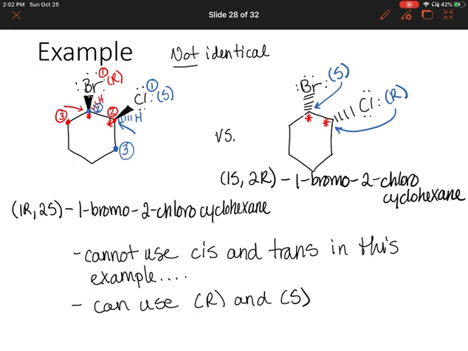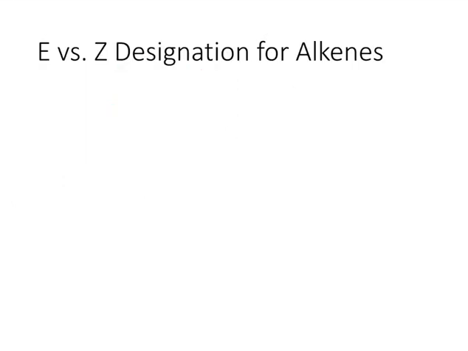Okay, let's look at E versus Z designation for alkenes. So earlier we saw this example of diastereomers.